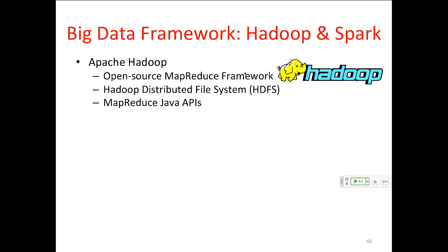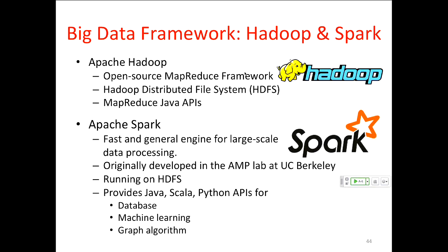However, it turns out that MapReduce is very low level. So there is another framework which is called Spark. For the project, you will eventually use Spark, okay? It's a fast and general engine for large-scale data processing. It's more than just map and reduce, and it provides APIs for databases, machine learning, and graph algorithms.